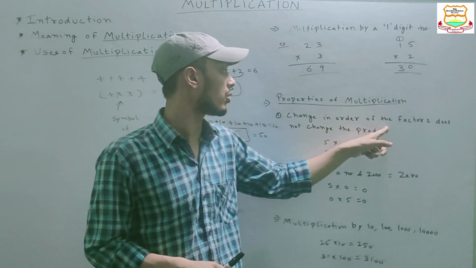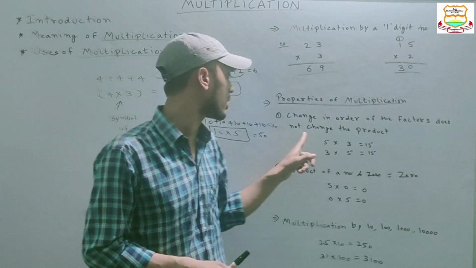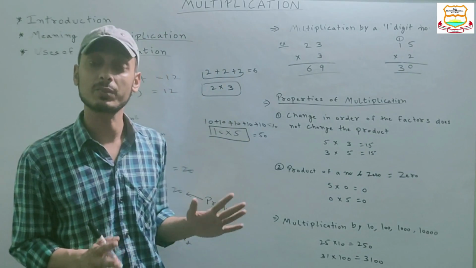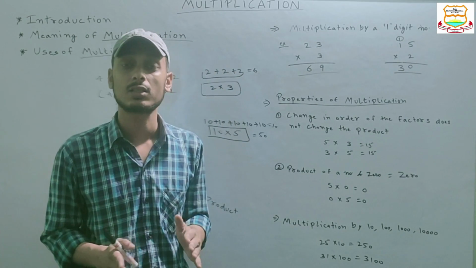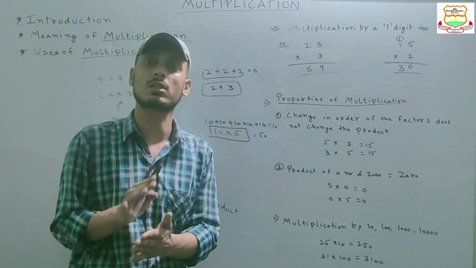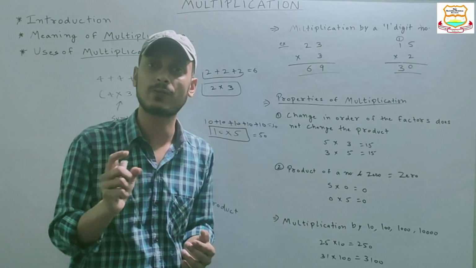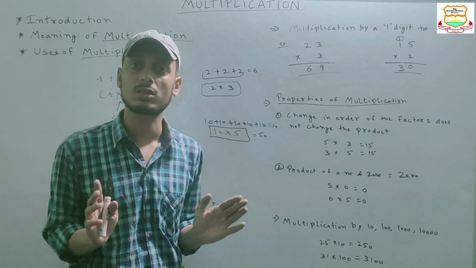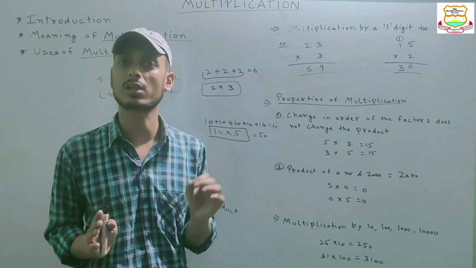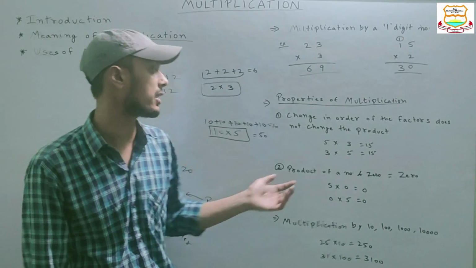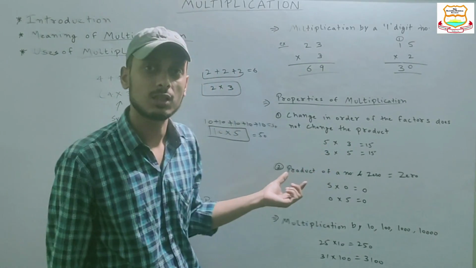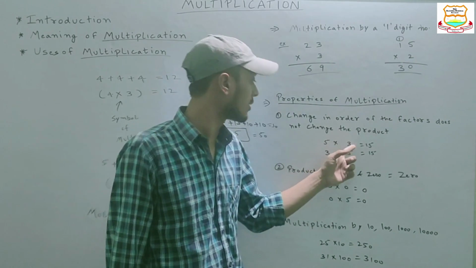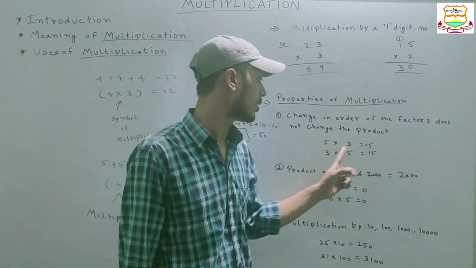Change in order of the factors does not change the product. What does it mean? It means that if we change the order of the factors, then there will be no effect on the result. The product will remain the same. Let us understand by an example. 5 multiplied by 3 equal to 15.